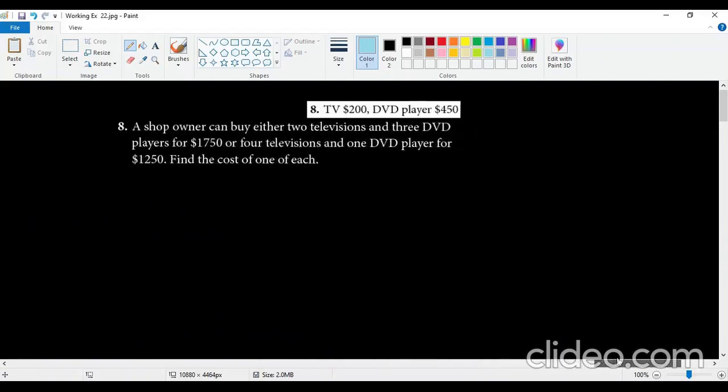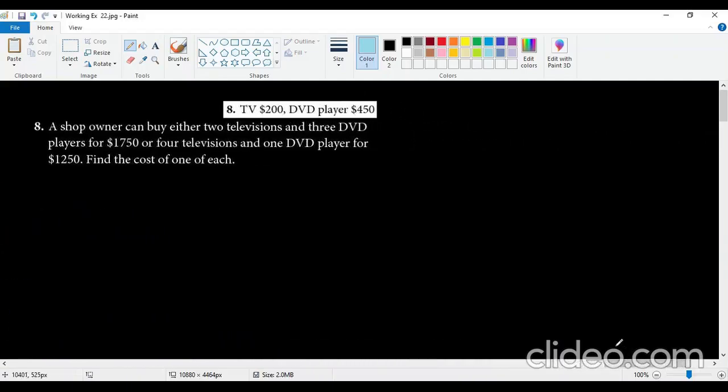It is, a shop owner can buy either 2 television sets and 3 DVDs. So in here, I will assume first that the price of TV is x, and the price of DVD is y.